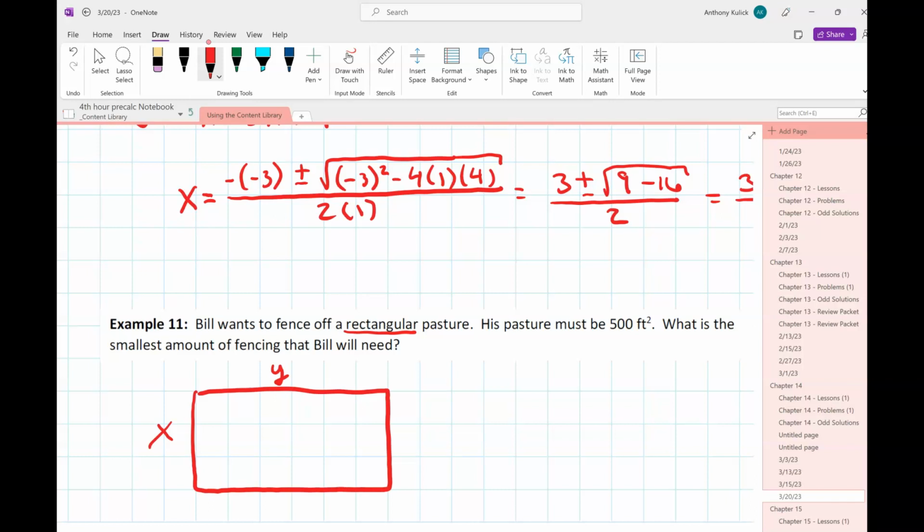With the picture I've drawn? I'm then told the pasture must be 500 square feet. What is that describing to us? 500 square feet. What is that telling us about? The area. Excellent.